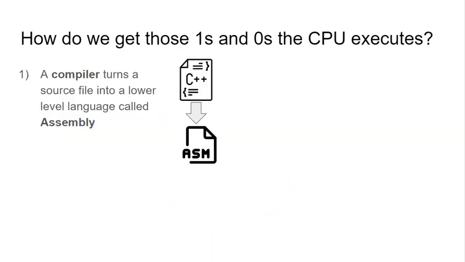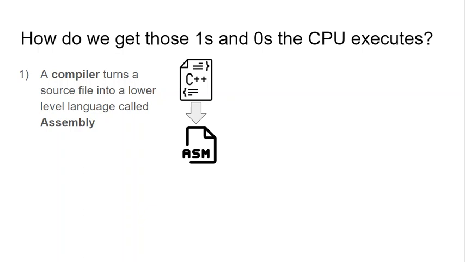So we usually write in a high-level language, C, C++, Java, Python, something like that. And we use a tool called a compiler. And that compiler turns your high-level code that's in a modern language down into something called assembly language. The assembly language is very close to what the CPU actually executes.